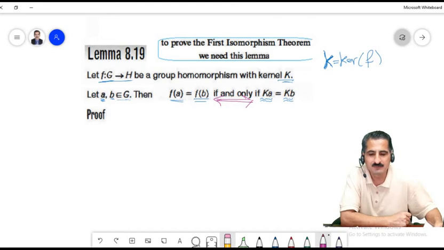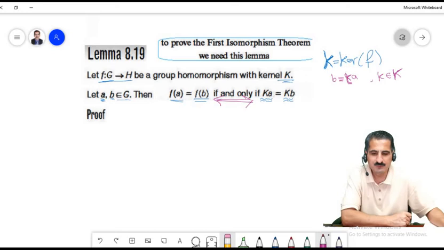If I want to write something here, assume we have an element B equals k times a, where k is in the kernel. So I want you to think about it this way. Now B consists of k times a.